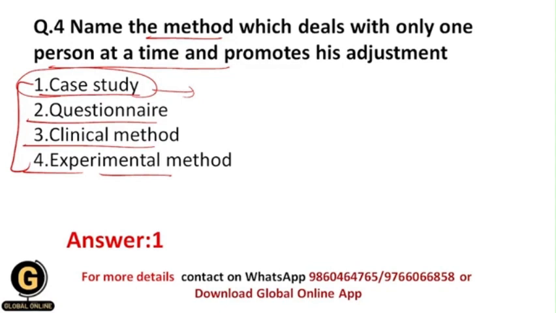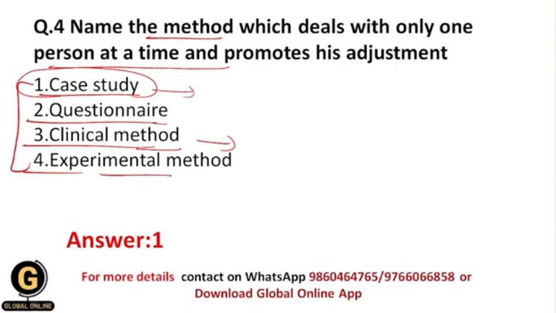Okay, we all know what a questionnaire is. Basically, a questionnaire is a self-reporting technique in which the researcher asks questions to the respondents and the respondents themselves give the answers to the researcher. Within the clinical method, this is the method which is used in clinical areas such as within the laboratory or within diagnostic labs.